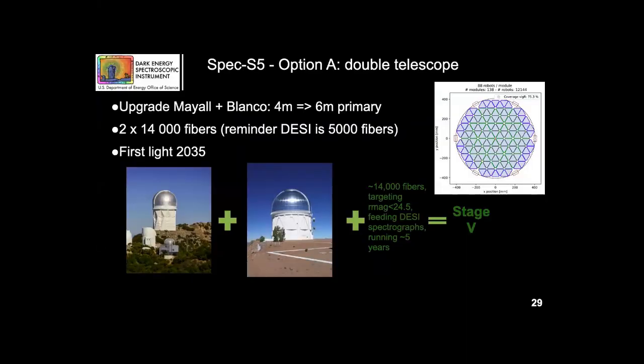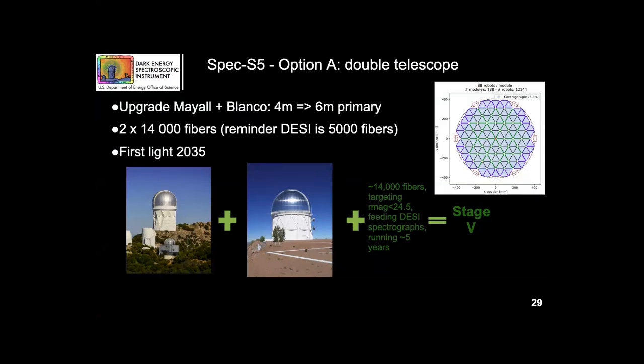There's the SPEC-S5 project, which is basically a continuation of DESI. The idea is basically, well, let's take the Mayall telescope and the Blanco telescope. One is at Kitt Peak in the northern hemisphere, one is in Chile, southern hemisphere, and populate them with this new fiber system that we are developing also with them.